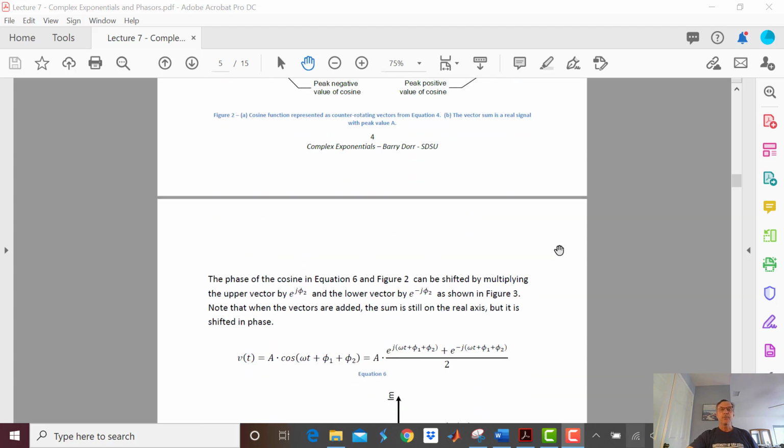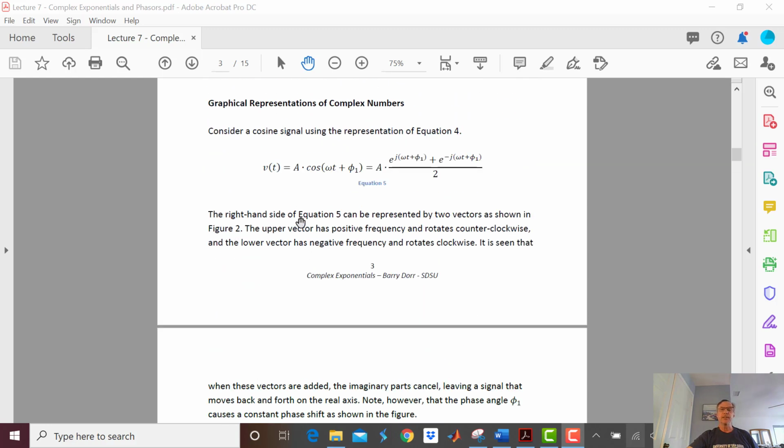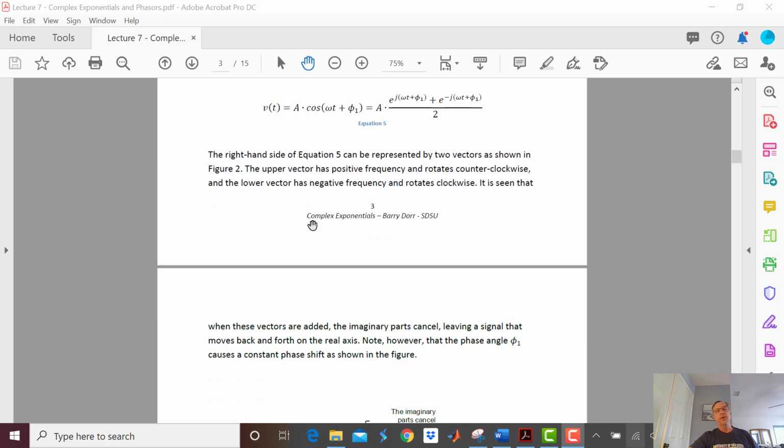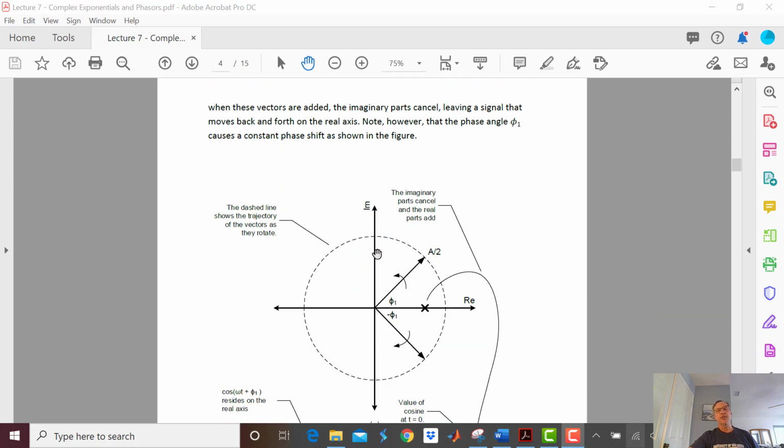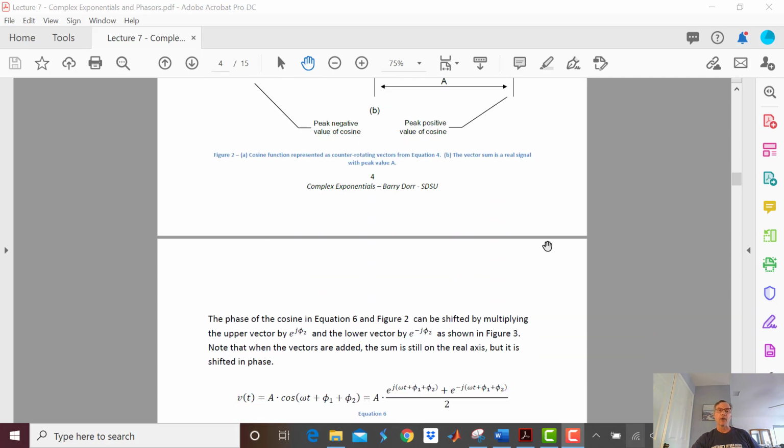So the verbiage describing what we just did is right here. Read that through again, and in your mind, make these vectors counter-rotate, and you can just see that imaginary part canceling out.